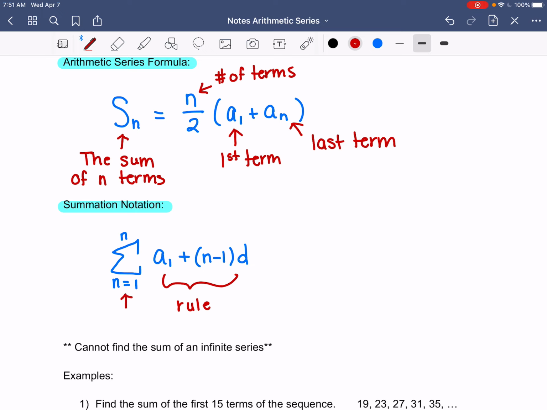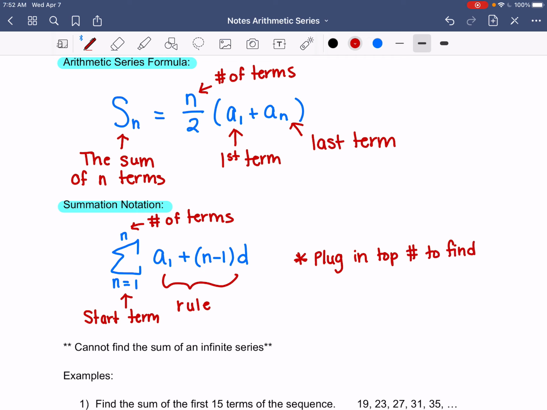The bottom number just tells you your starting term, and then n is your number of terms. So what you're going to do is plug in the top number for the last term and the bottom number for the first term.